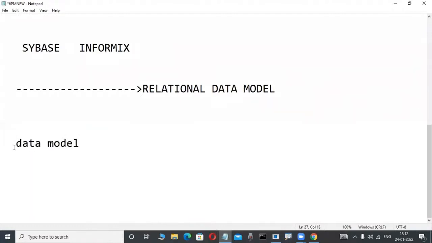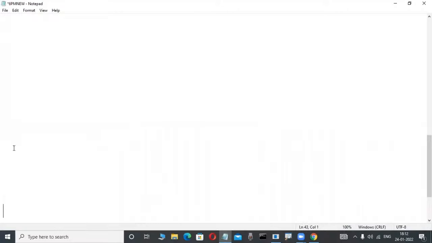Slowly observe here. I told one thing in a previous class. Suppose here Oracle is a product. This Oracle database or relational database, anything, has two types of structures, as I told in the previous classes.